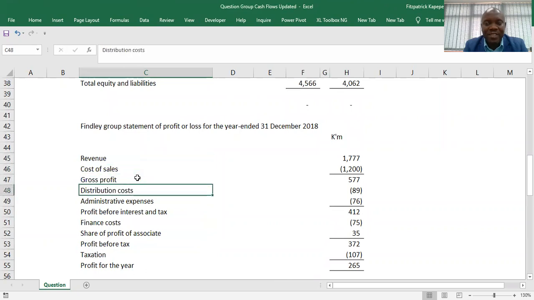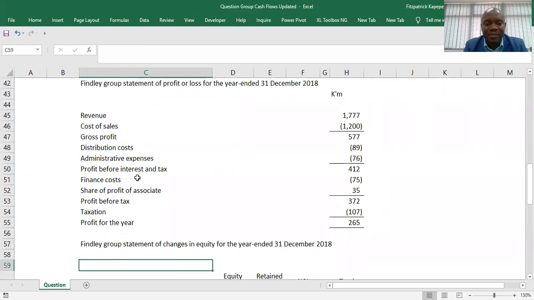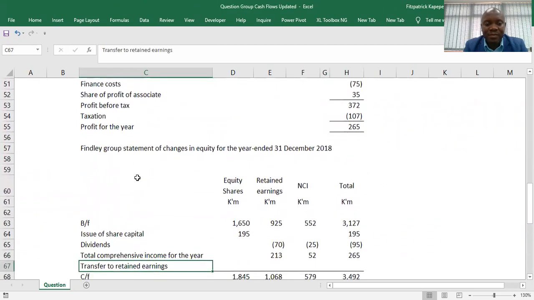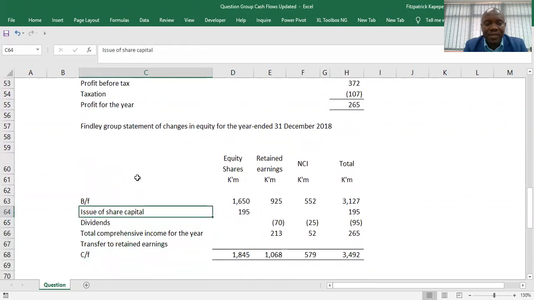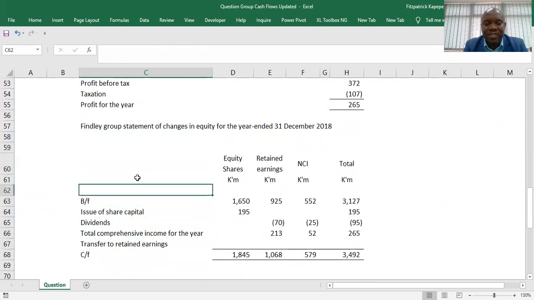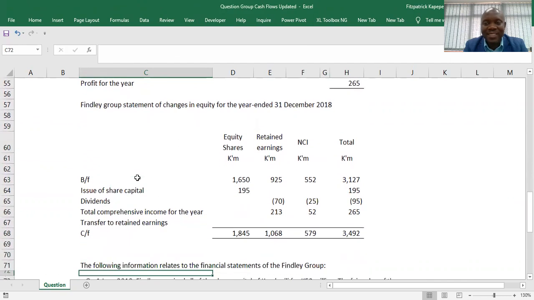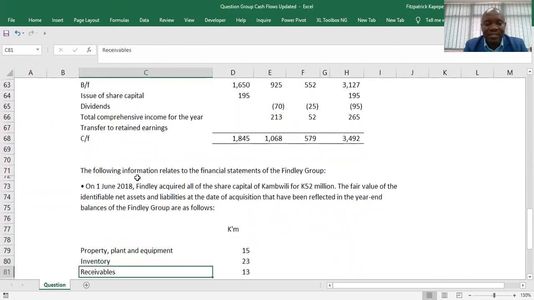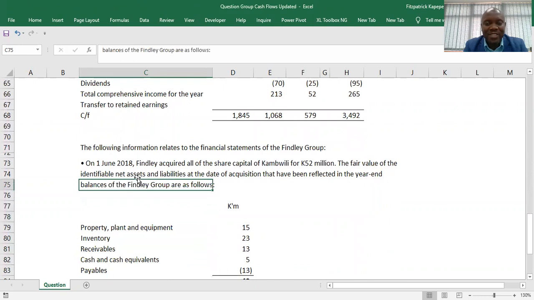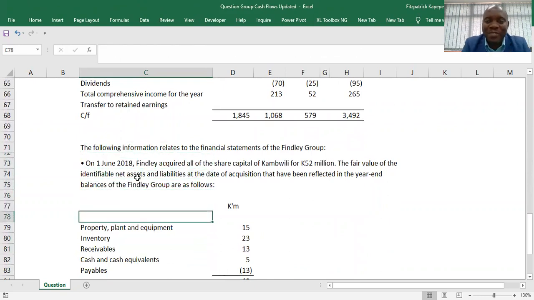This is the income statement. And this is the statement of changes in equity. Then we have brief notes. The following information relates to the financial statements of the Findlay Group.